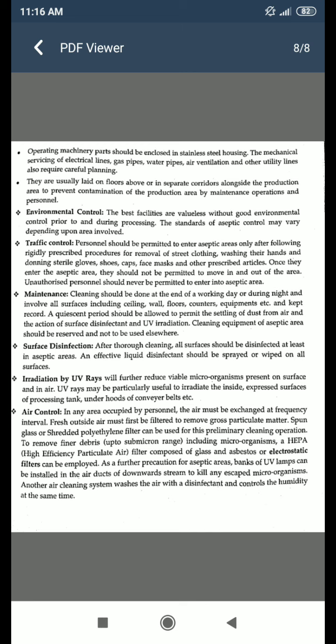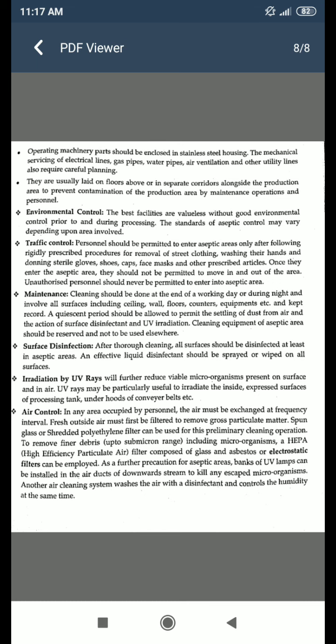Then a filter composed of glass and asbestos or an electrostatic filter can be employed as a further precaution for the aseptic area. Banks of UV lamps can be installed in air ducts downstream to kill any escaped microorganisms. Then another air cleaning system washes the air with a disinfectant and controls the humidity at the same time.